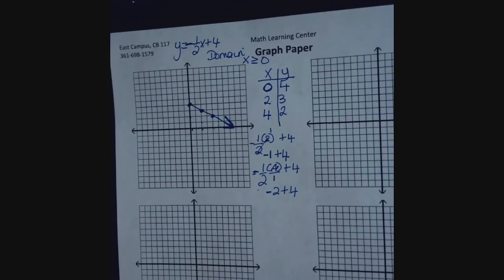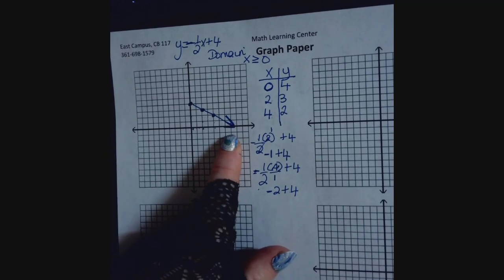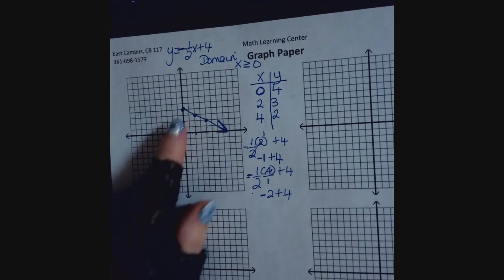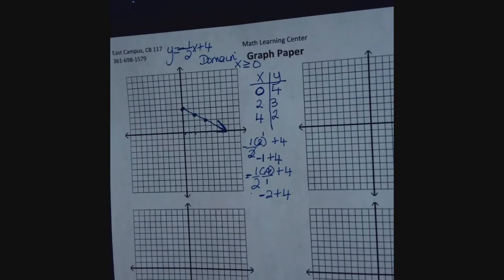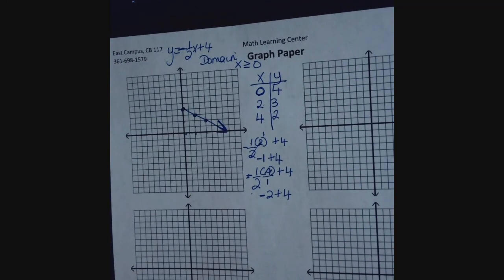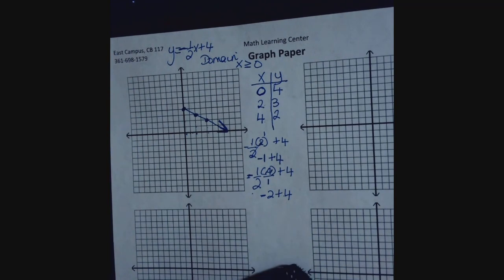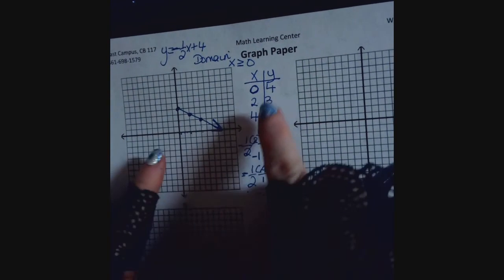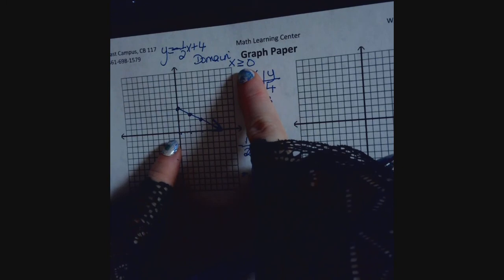Now, this line I'm going to draw only has one arrowhead, and the arrowhead is here. So think about it for a second. Why don't I have an arrowhead here? All right, I've given you a few seconds to think about it. Hopefully you've said, because it can't go past 0.